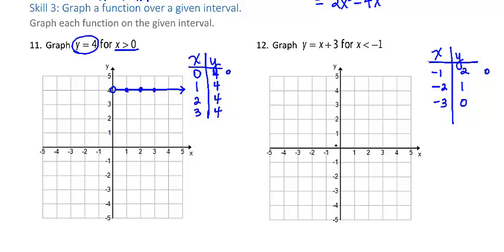So we're going to plot -1, 2, but with an open circle because I'm not allowed to equal -1, -2, 1, and then -3, 0. And so whenever I connect the dots, I have to go to the left of -1, and I'll draw my line. Now again, if this had been less than or equal to -1, I would have a closed-in circle at the -1, 2.